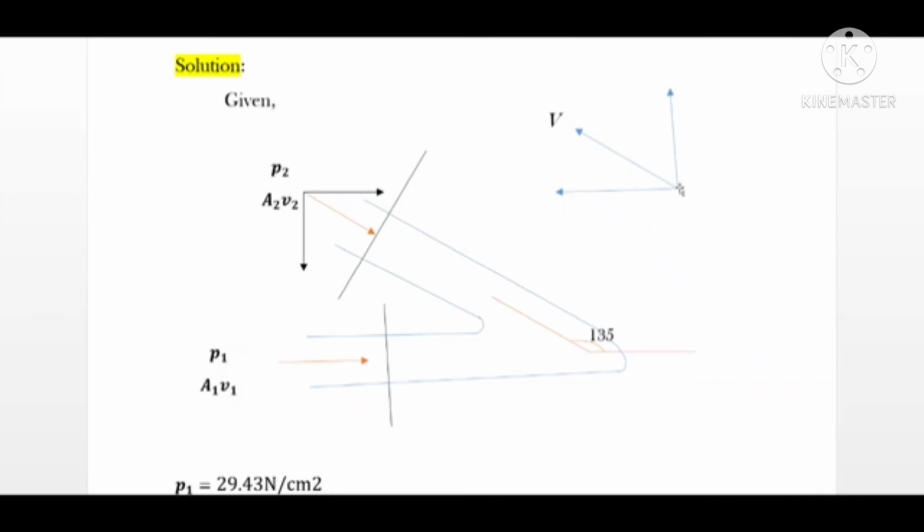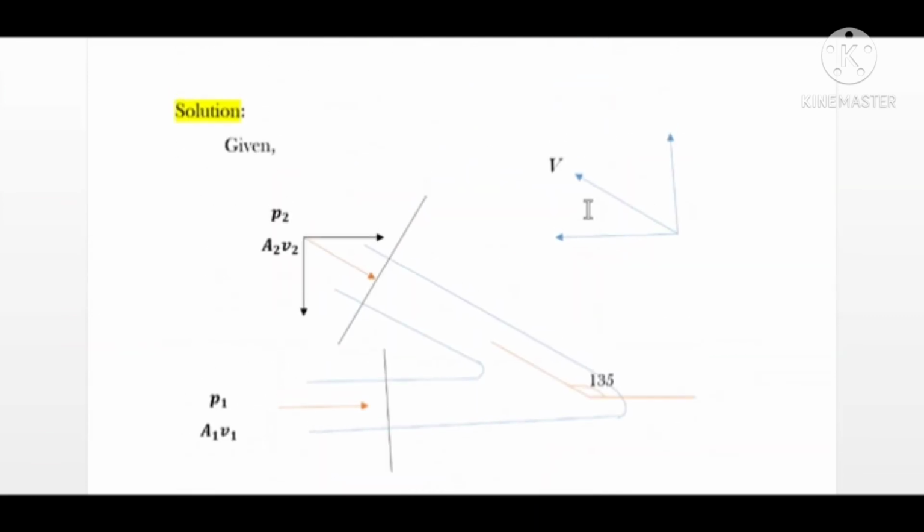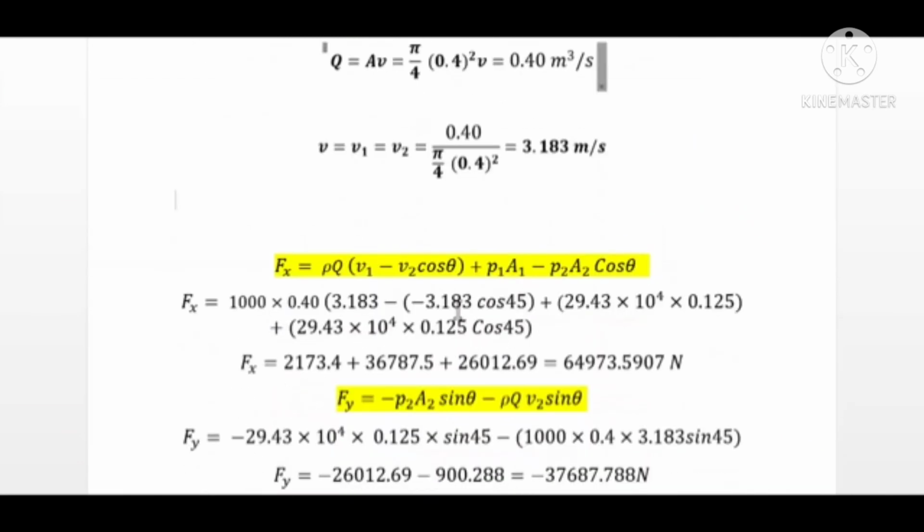That's why I have taken it as negative, because here the geometry of the pipe bend is different. It is acting along the negative x direction. And cos 45, because the angle then will be this angle, that is 180 minus 135, which is equal to 45. That's why I have written it as minus 3.183 cos 45.